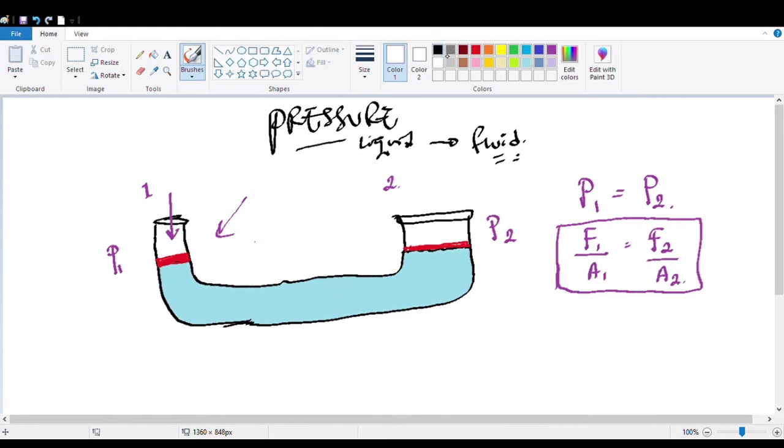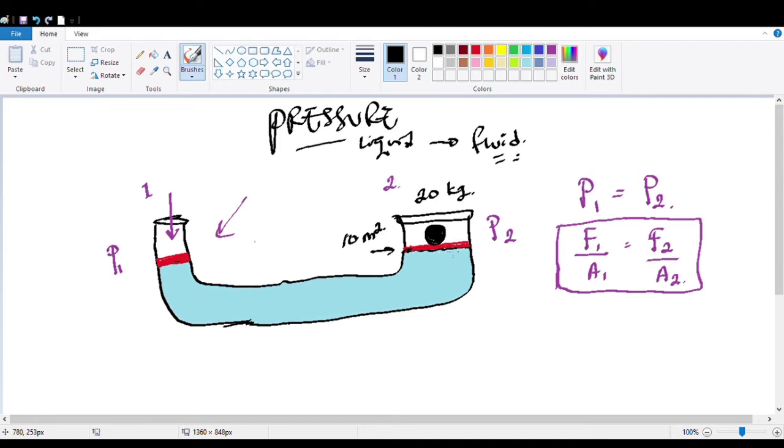For example, if I put a ball here, a solid ball made of metal, and this ball has a mass of 20 kilograms, and the area of this piston is 10 meters square.